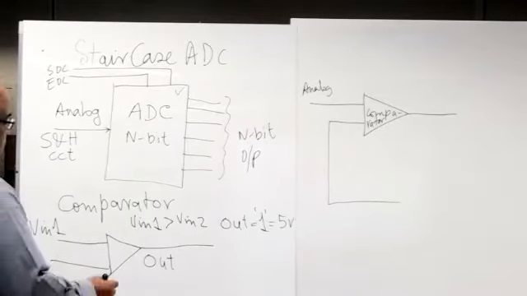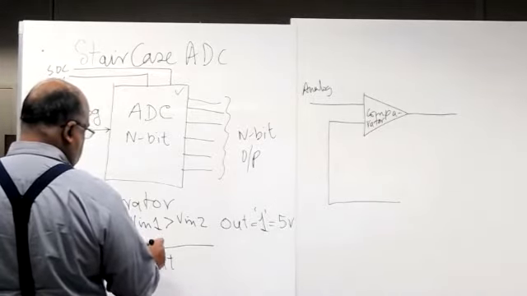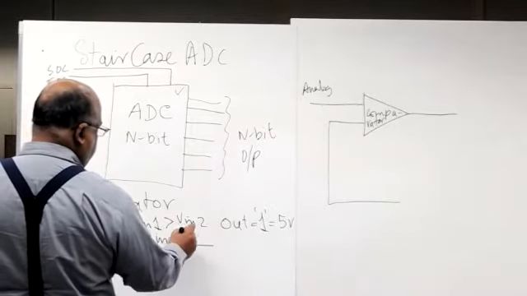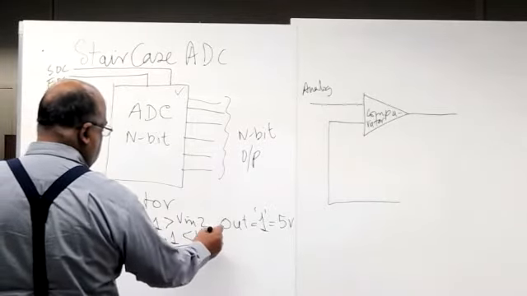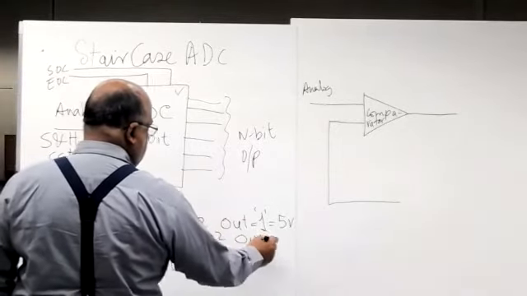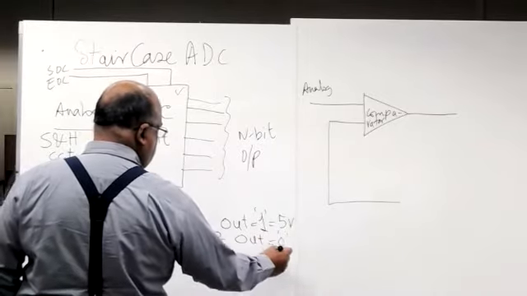And if V in 1 is less than V in 2, then out is equal to logic 0, which is 0 volt.